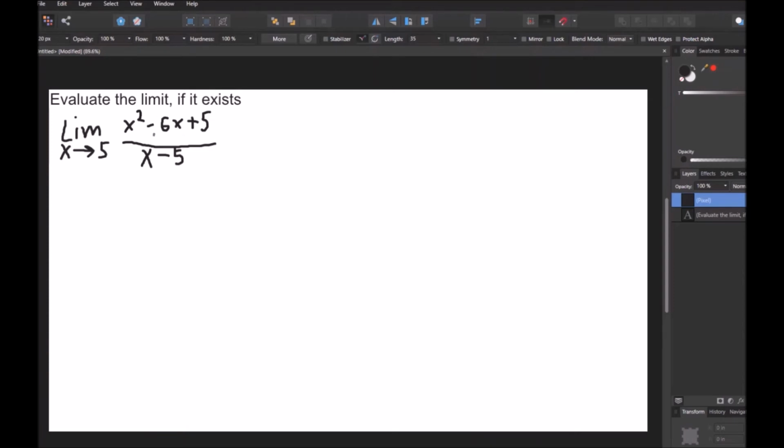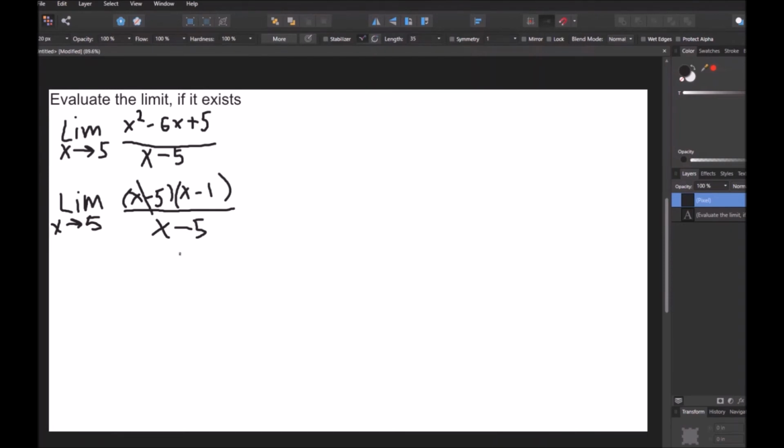That's the first thing I notice, is the numerator is factorable. So I'm going to make this limit as x approaches 5 of x minus 5 times x minus 1, because negative 5 and negative 1 multiply to 5 and add to negative 6, and that's going to be over x minus 5.